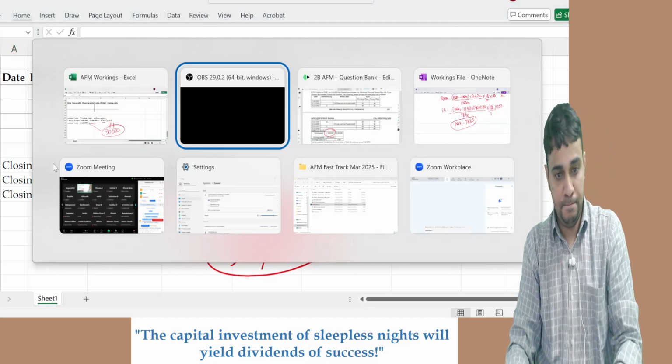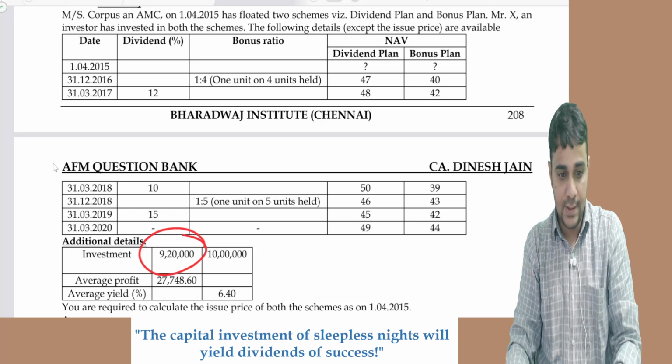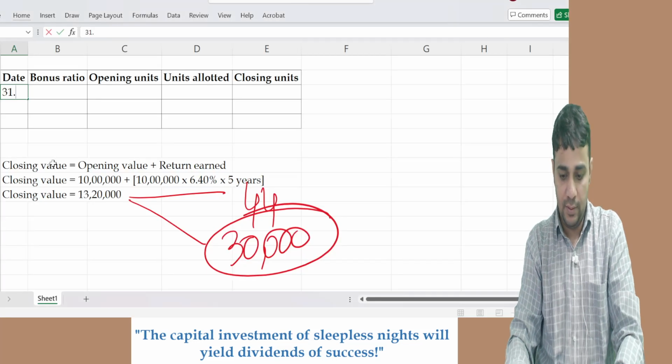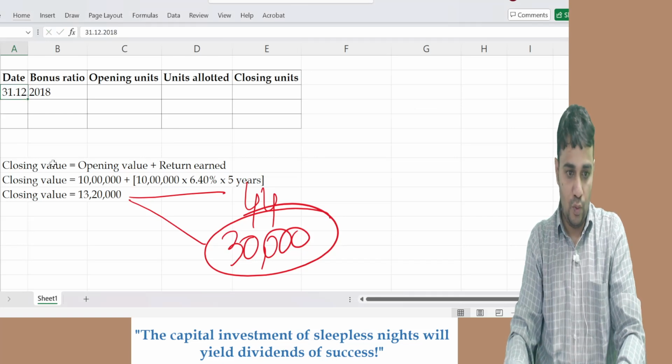Date. What is the last date on which bonus was paid? 31. What is the ratio?